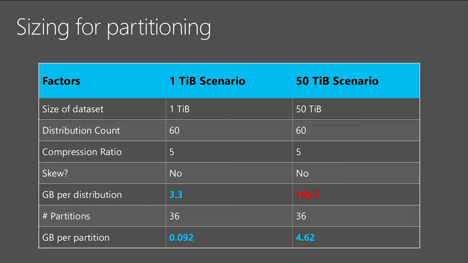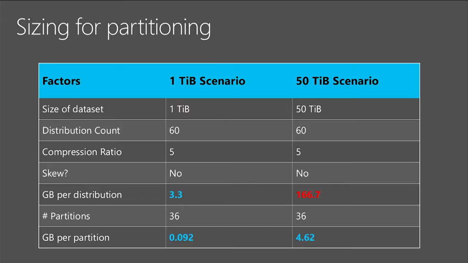as opposed to the 50 terabyte table. Now, if we look at the 50 terabyte table, 166 gig per distribution, okay, if we now split that one by 36 partitions, we're now at 4.6 gig, a more meaningful and manageable size.